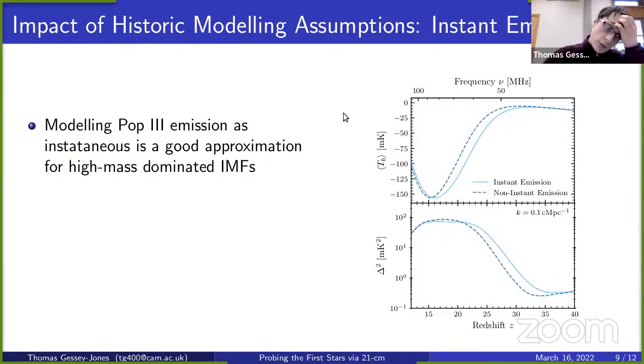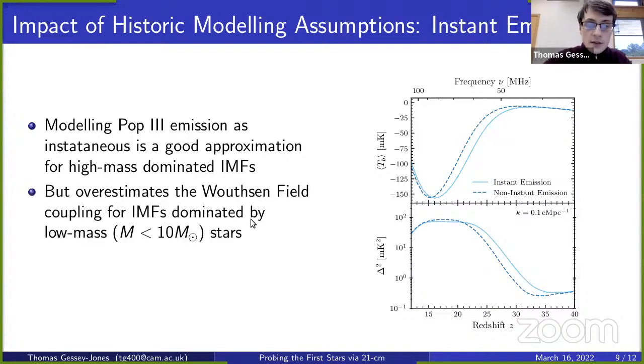The other assumption that was problematic in some cases was whether, in the simulation itself, we can ignore the fact that the stars have finite lifetimes and just model their emission as instantaneous. As long as you're using one of those top-heavy IMFs that I talked about, where most of the mass in stars is above, say, 20 solar masses, it's actually fine. These stars are quite short-lived on cosmological timescales.